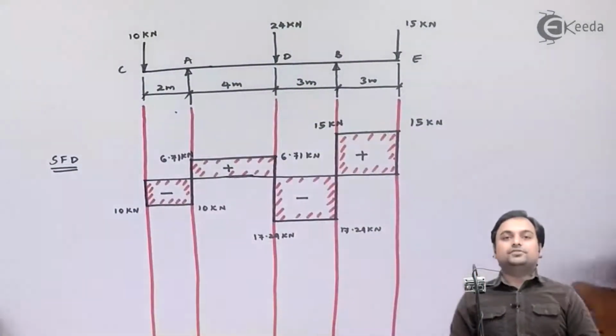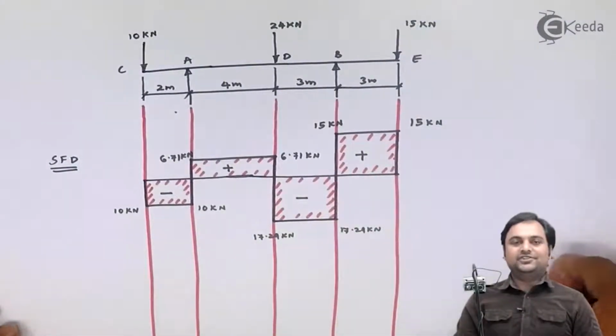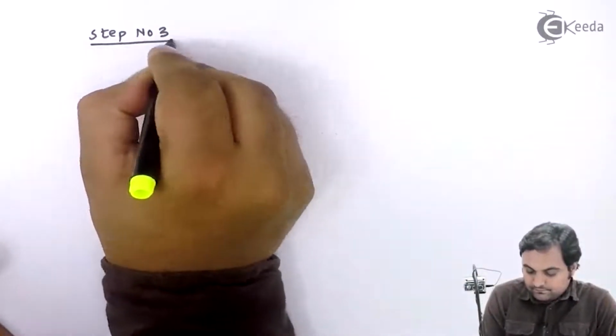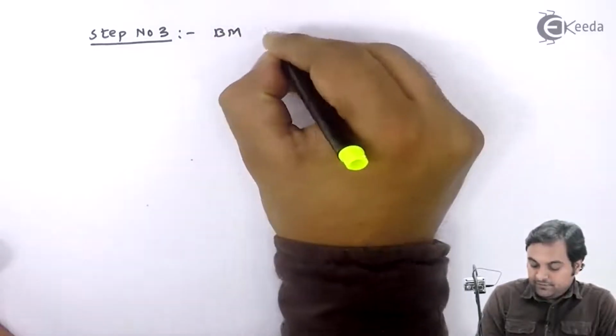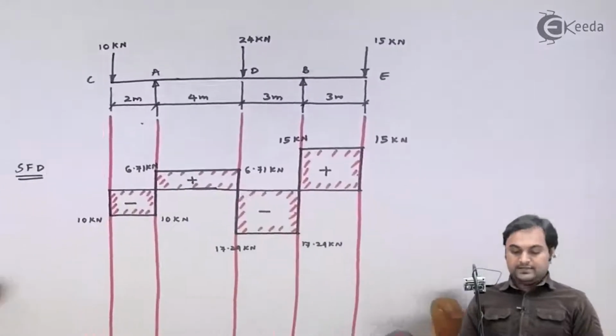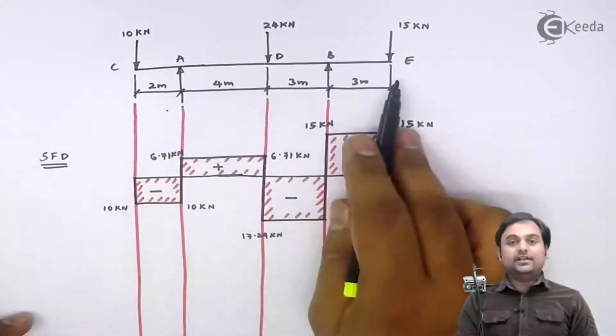After completing shear force diagram, we will be going on to step number 3, that is bending moment calculations. As we can see here we have an overhanging beam.